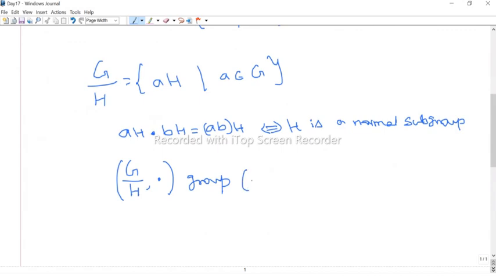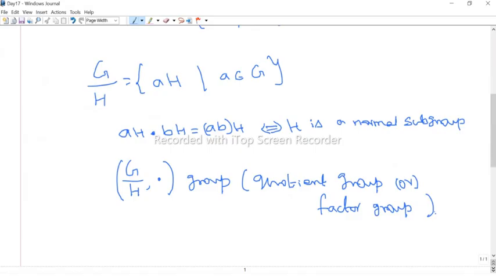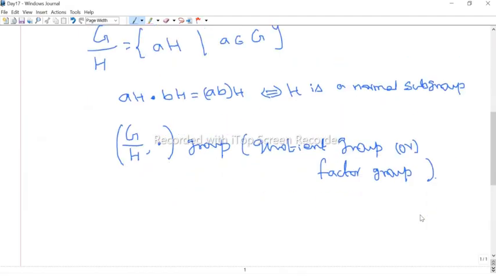So this group is called a quotient group, or sometimes called a factor group. So given any group and any normal subgroup, we can create a new group, that is the quotient group G by H.